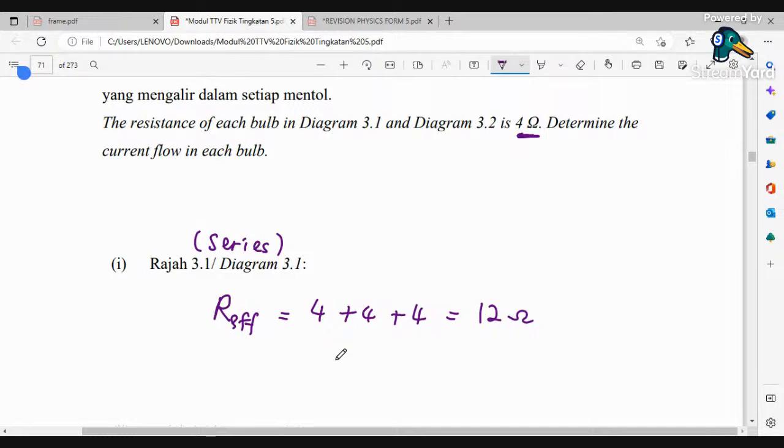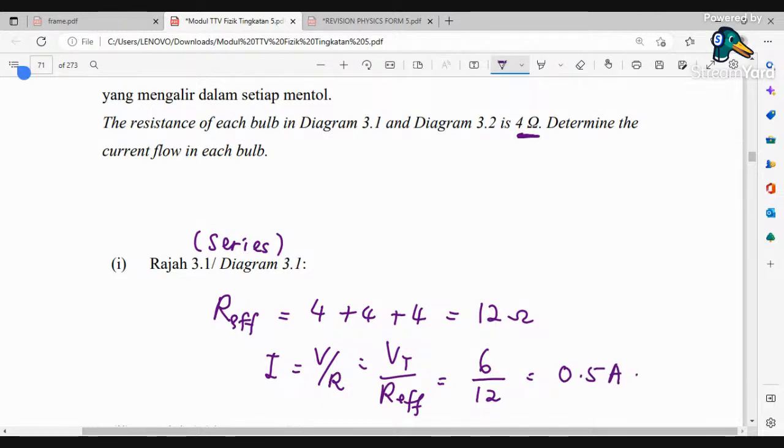Okay, you want to calculate for total current in the circuit, formula I equals to V divided by R. Means total voltage divided by effective resistance. Total voltage ialah berapa tadi? 6. 6 divided by 12. So you will get 0.5 ampere.